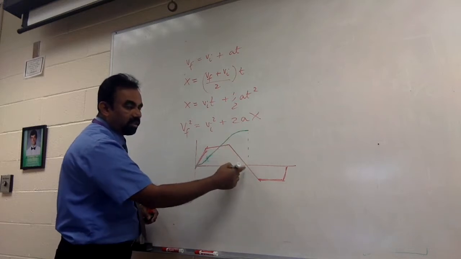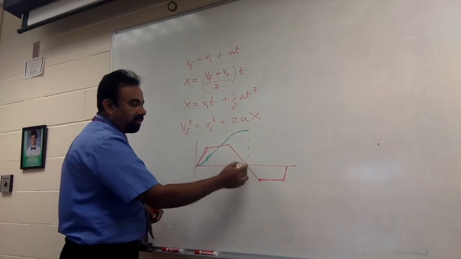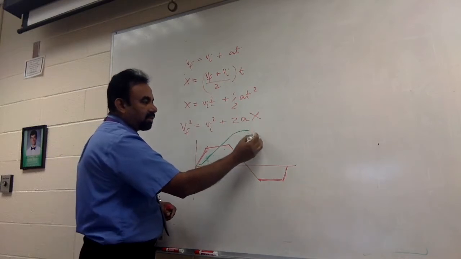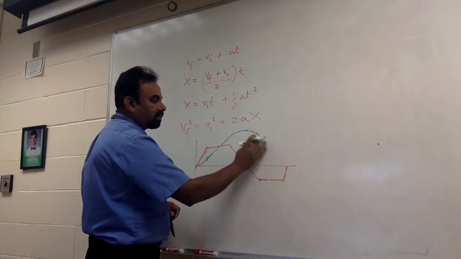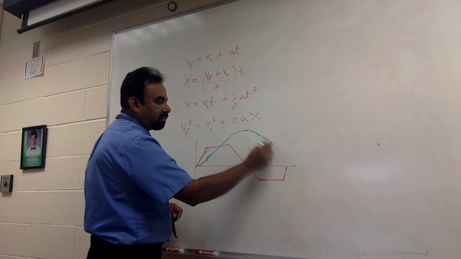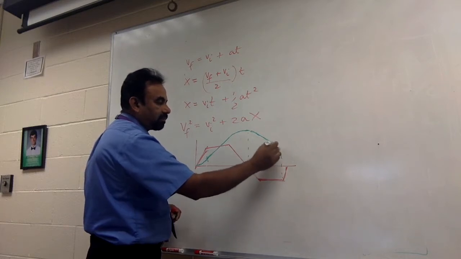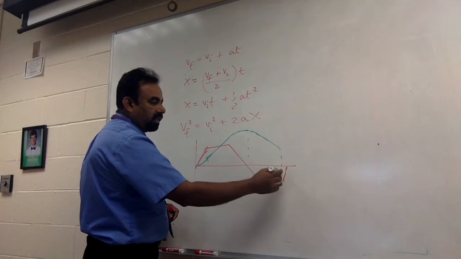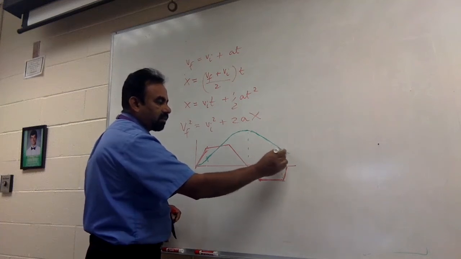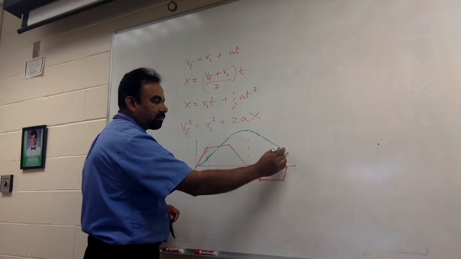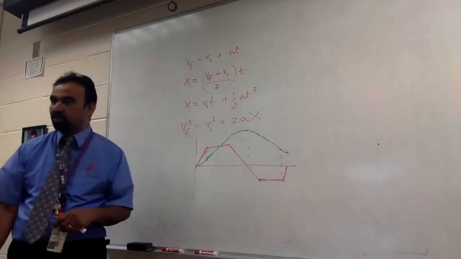So at this point, it reduced to zero, and then from here to here, it turned that way. It turned that way, and from here to here, it was going with a constant velocity till here, and then from here to here, it reduced its constant velocity to zero. Stop there. Right? That was the graph, right?